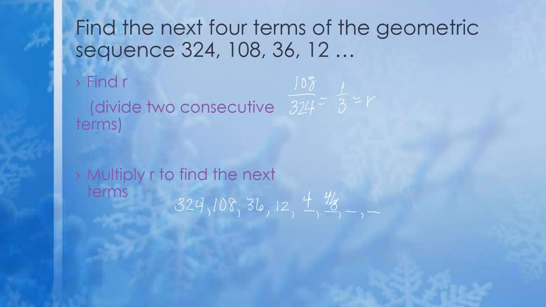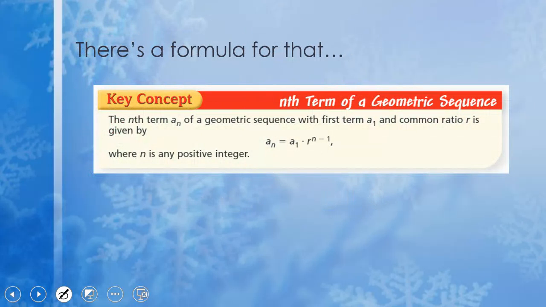And I'm going to multiply 4/3 times 1/3, and I get 4/9, which I'm going to multiply by 1/3, and I get 4/27. I could keep going with this. I don't need to because I found my next 4 terms. So once you find your r, your multiplying ratio, whatever that may be, simply multiply it to get the next terms. There is a formula for this, okay?